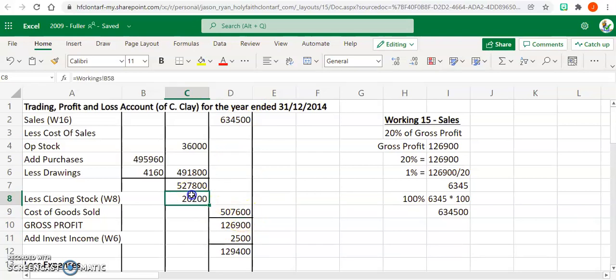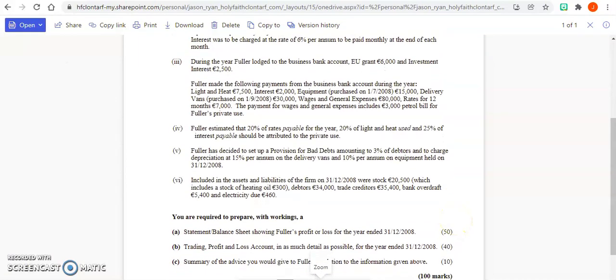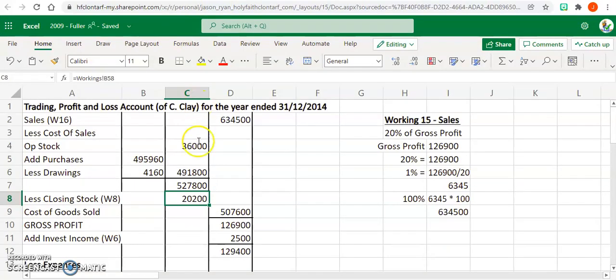Then your closing stock at the end of this question, 20,500, includes heating oil of 300, so you need to take that out. So we'll have 20,200. We add our closing stock onto this figure to give us this figure here. And then we've got opening stock up here of 36,000.